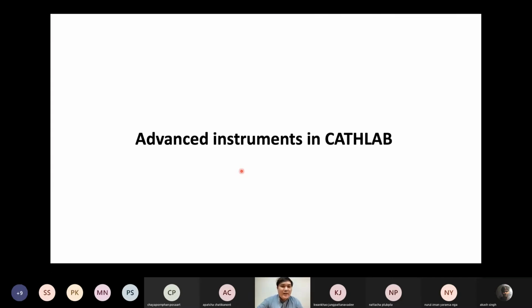Alright, so for the next section, I would like to tell you about the advanced instruments in the cath lab. I would like to tell you about some adjunctive or additional instruments that are normally seen in the cath lab, that probably every cath lab has.